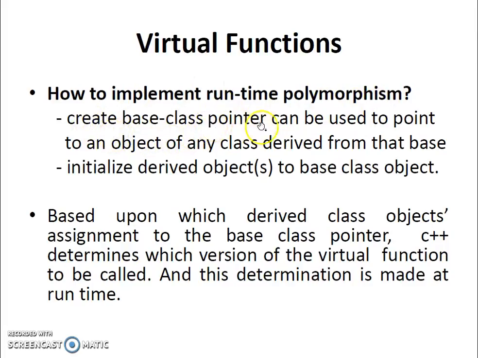A base class pointer can be used to point to an object of any class derived from the base class. Assign the derived class object's address to the base class pointer. C++ determines which version of the virtual function is to be called, and this determination is made at runtime.